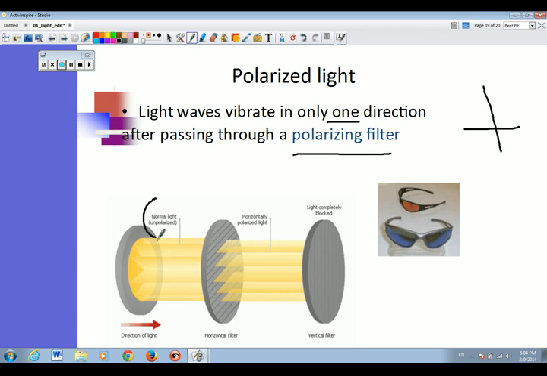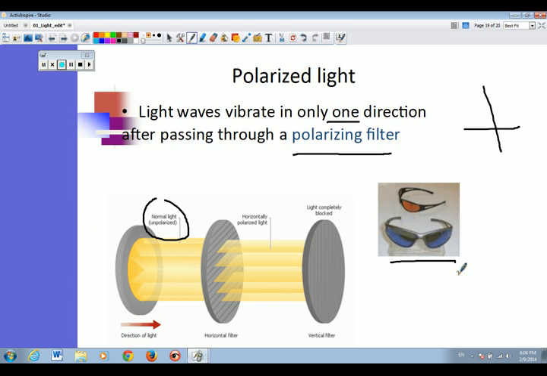Unpolarized light comes in going both ways. If you have a pair of sunglasses on, you can take out one of those directions and filter the light by at least 50%.